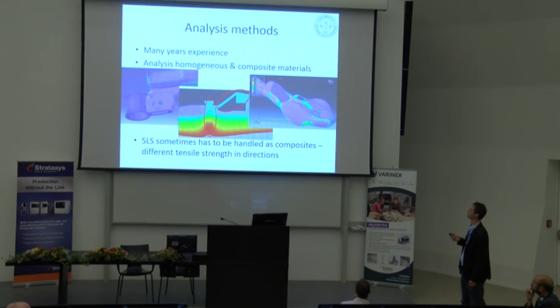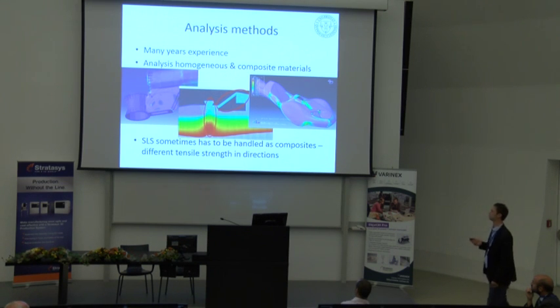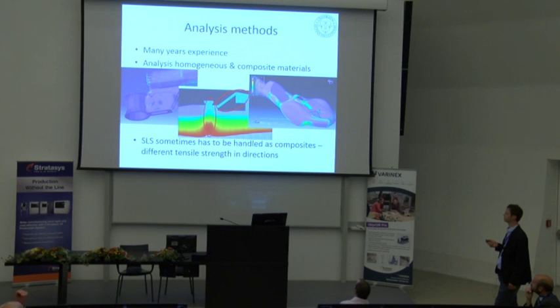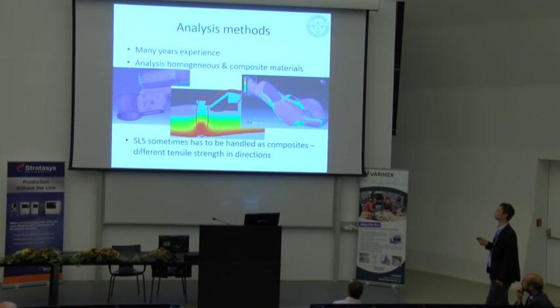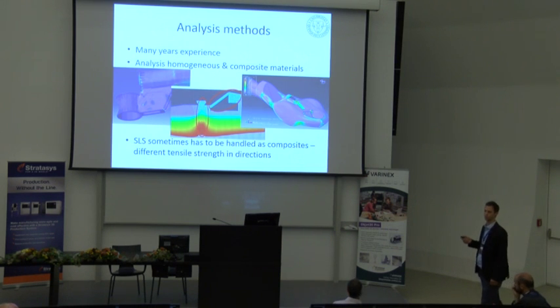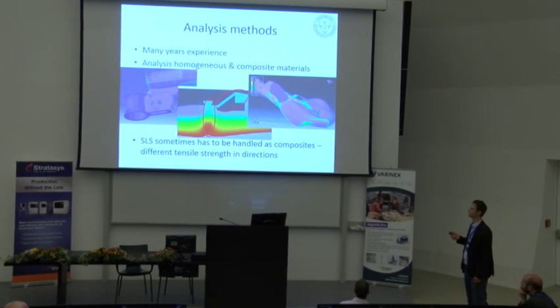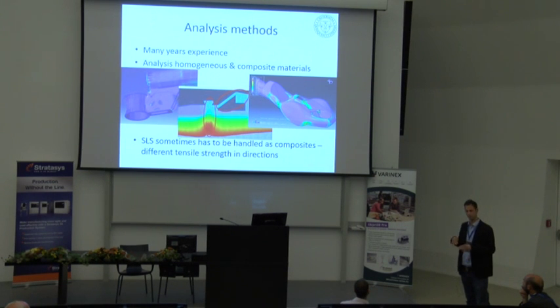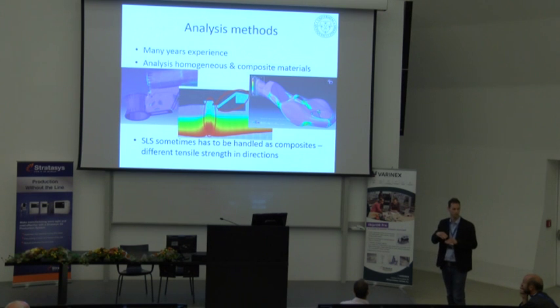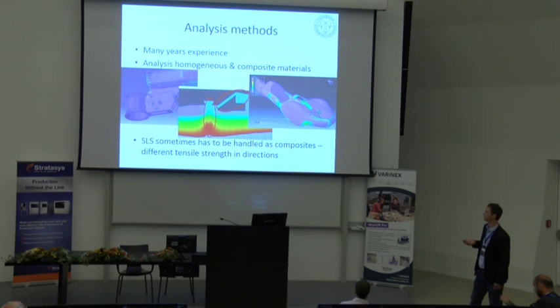We have designed a small car, and this is a special one because this solution has been made of composite material, and some of the printed materials behave like composites because the tensile strength is not equal in every direction in the materials. So sometimes we could use this for modeling.